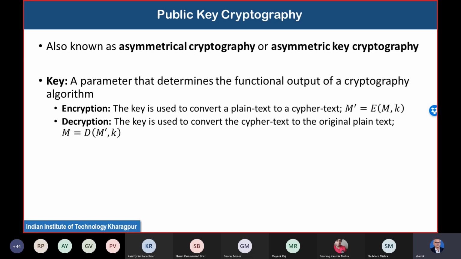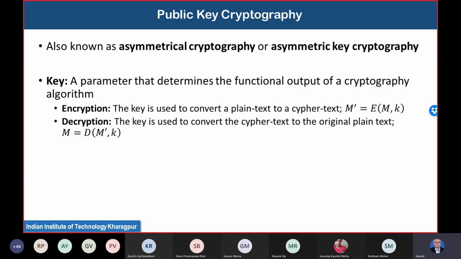We're not going into more details about symmetric key. Now, public key cryptography is also called asymmetric key cryptography, and in general here we are referring only to public key cryptography. What we have is a pair of keys: an encryption key and a decryption key. The encryption key is used to convert a plain text, which is the one that one can actually read, denoted usually by M, to a ciphertext, written here as M prime, though we could call that C for ciphertext.